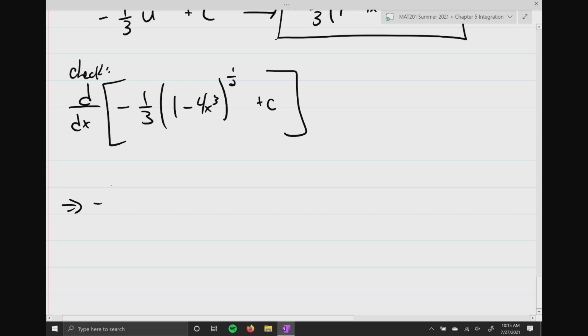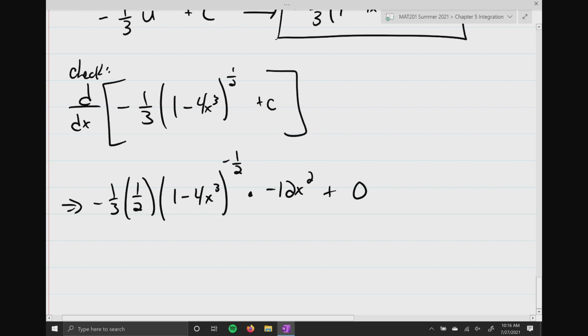So we get negative 1/3 times 1/2 times 1 minus 4x to the third, all raised to the negative 1/2 power, times the derivative of the inside, because this is a chain rule, negative 12x squared, plus the derivative of a constant, which is 0.